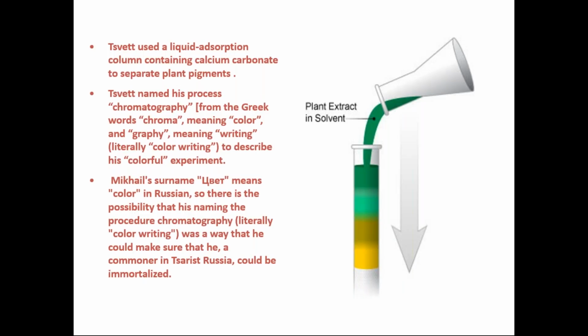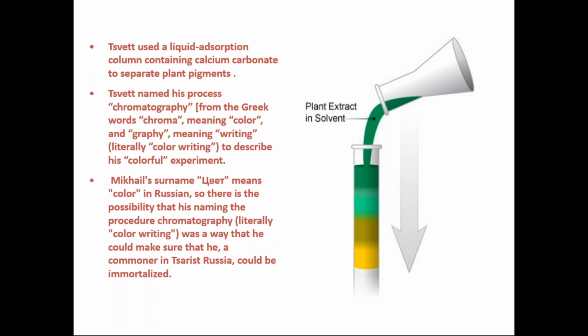So what did he do? He used a technique which was a liquid absorption column. He took a glass tube, filled it with calcium carbonate or chalk, put a ground plant extract on top of it, and then allowed it to develop with some solvent, that is, the solvent that he extracted the plant pigments with.